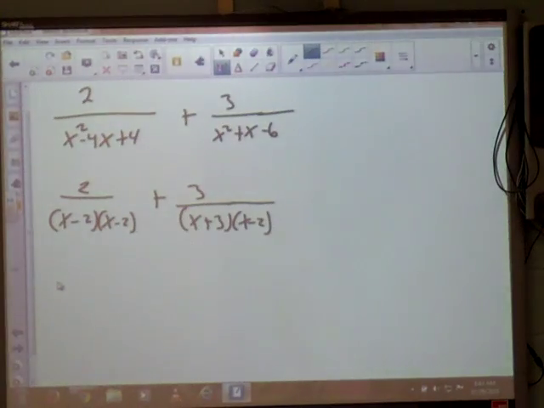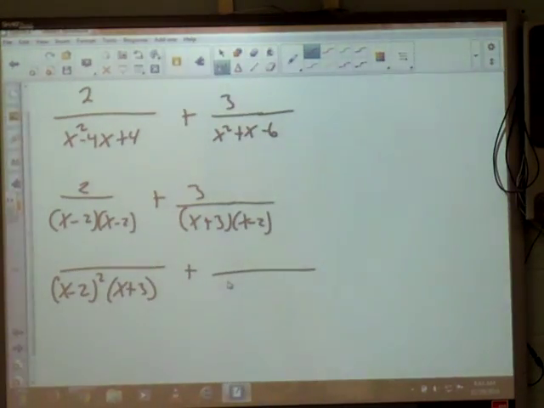That's what I've been doing. If I tried to do this, that'd be wrong. If you're stuck, if you're spinning your wheels, all I've done is factored and got my common denominator. I haven't done anything else. So check and see if your factors are right and your common denominator's right.